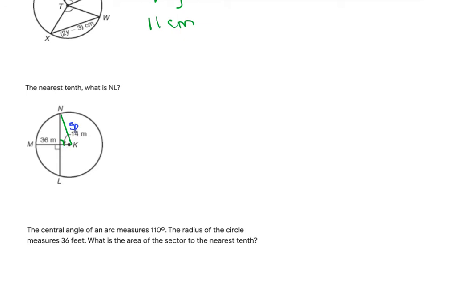And this is 14, it says right there. So if I pull this out so you can see it a little better, we have 50 and we have 14. So you can find this by using the Pythagorean theorem. If we call this x, we have x squared plus 14 squared equals 50 squared.